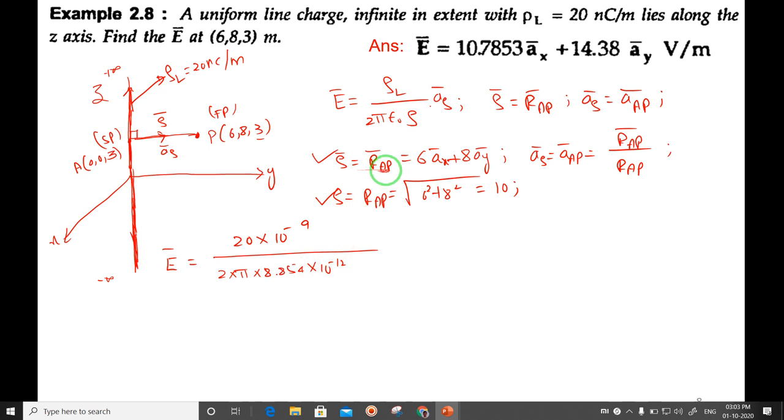Then rho is nothing but the magnitude of R_AP, which is 10, into A rho, the vector R_AP by R_AP, so 6AX plus 8AY divided by its magnitude, once again 10.